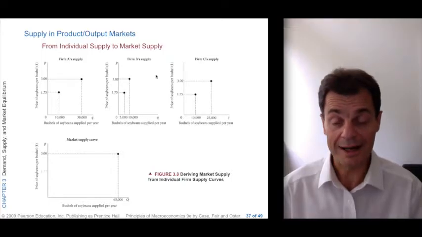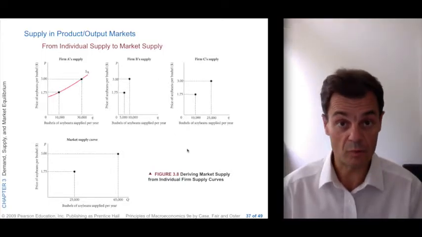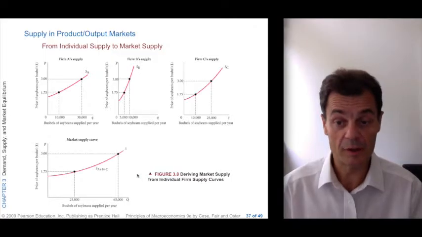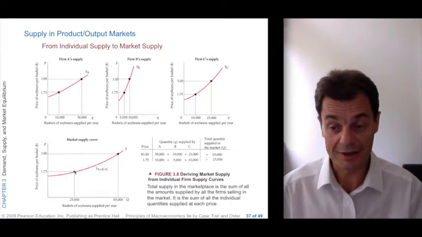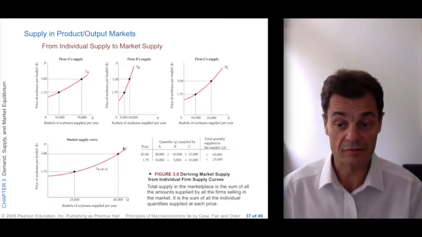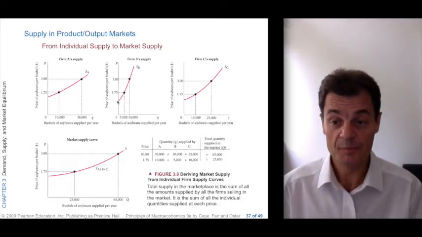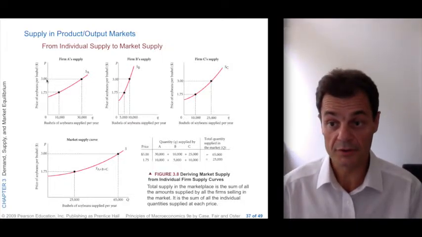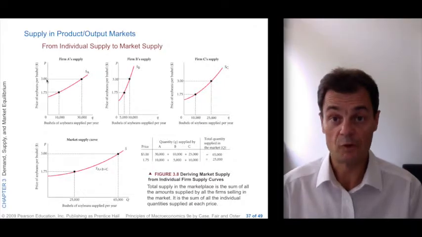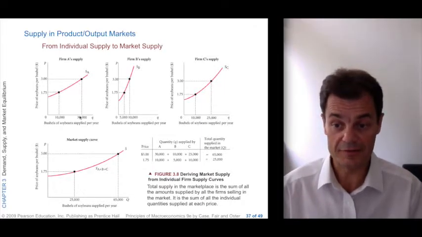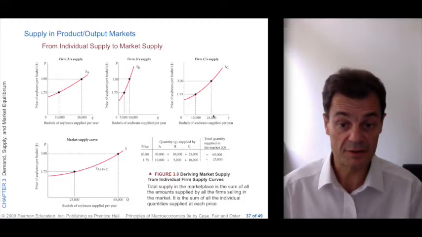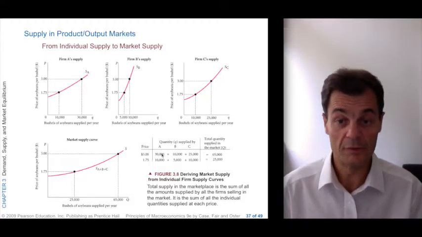By aggregating them in the same way as what we did for the demand, we can construct an aggregated or a market supply curve. Here, to take an example, at $3 a bushel, the quantity supplied by A is 30,000, by B is 10,000, and by C is 25,000. In total, the economy produces 65,000.